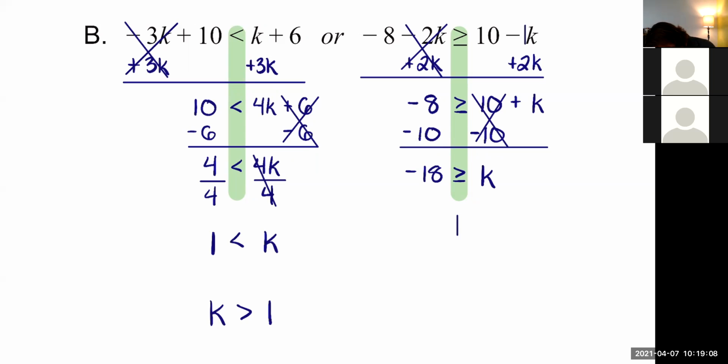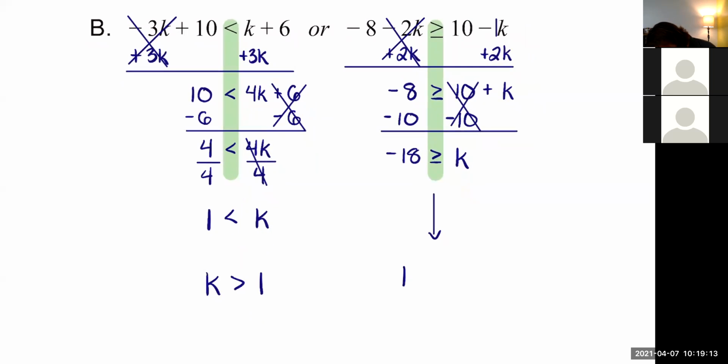And then for my purposes, I would like that rewritten as well to where it says that K is less than or equal to negative 18.